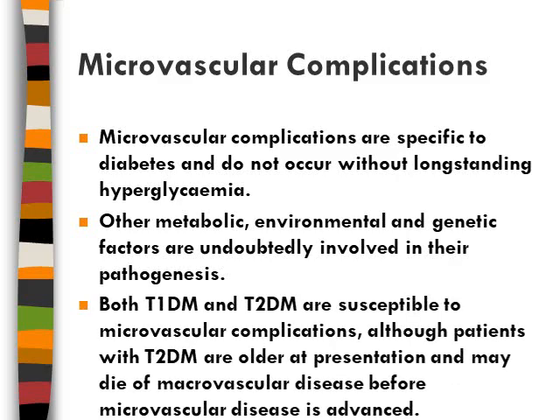Both type 1 and type 2 diabetes are susceptible to microvascular complications. Although patients with type 2 diabetes are older at presentation, and they may die of macrovascular disease before microvascular disease advances because of other factors or metabolic syndrome.